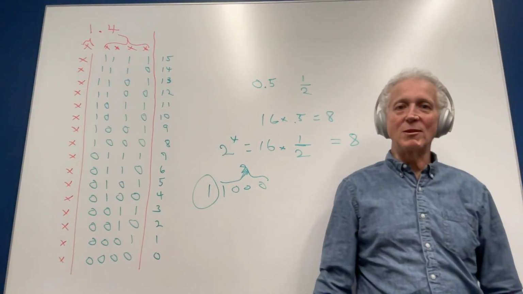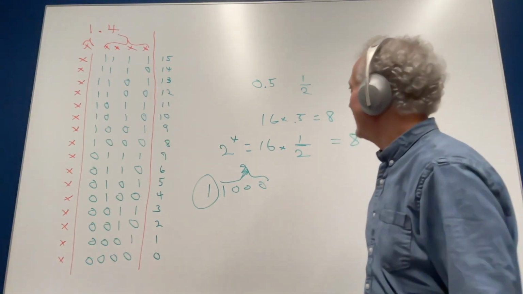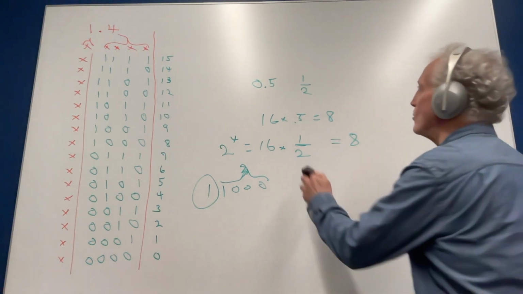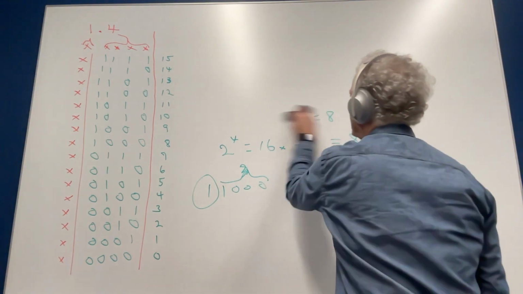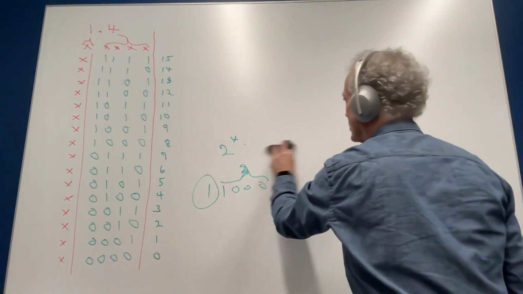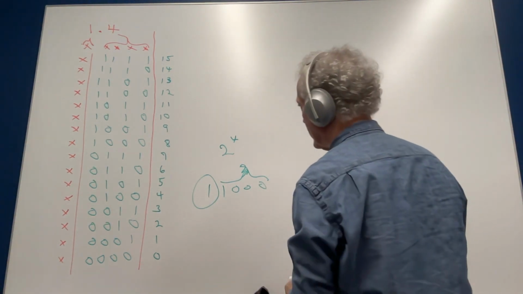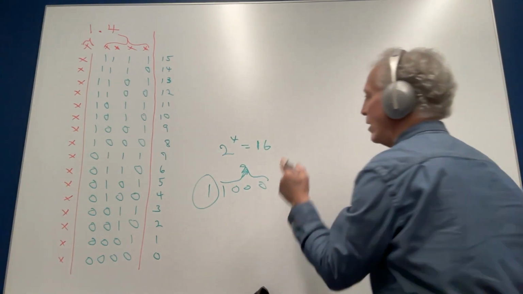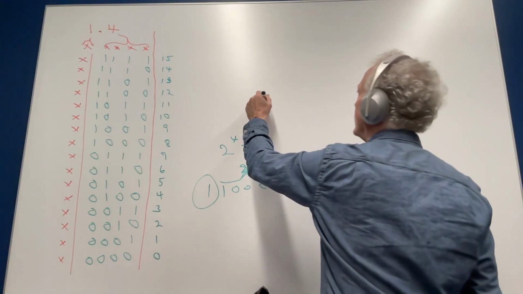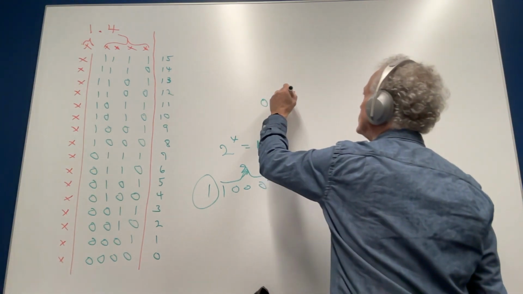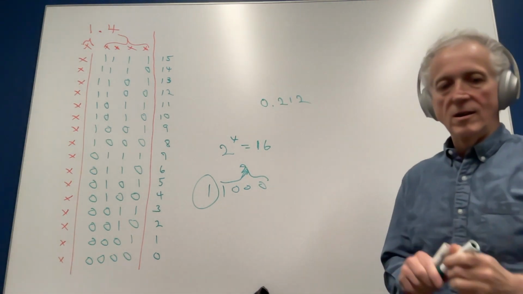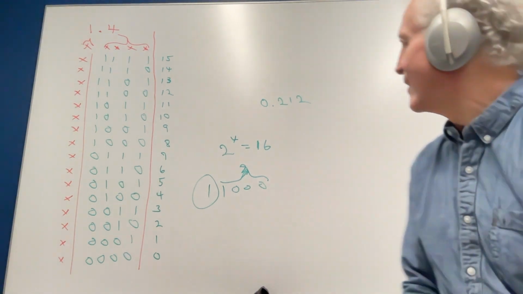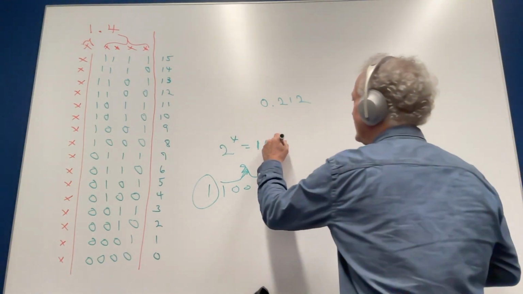Seems simple enough, right? And there are obviously going to be round off errors, because we only have 16 values worth of resolution. So what is 0.212?